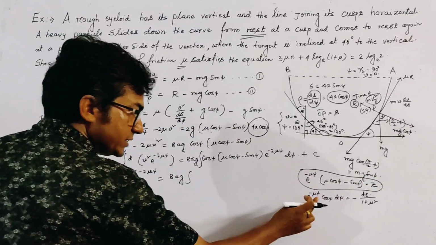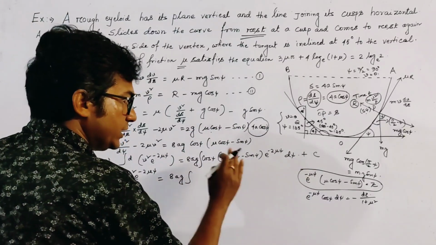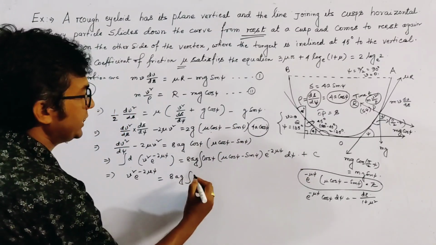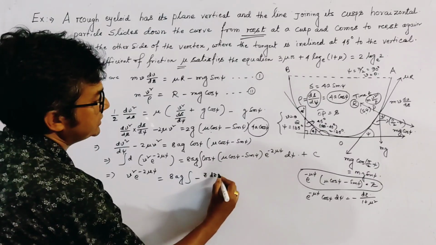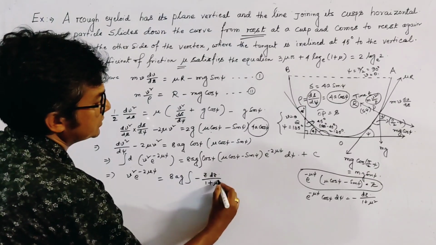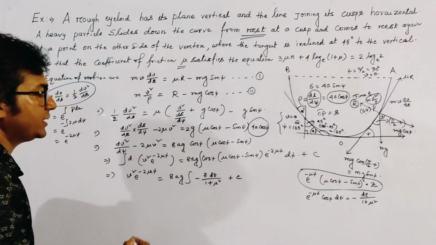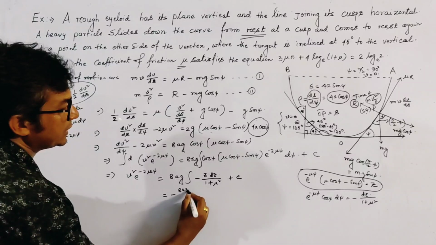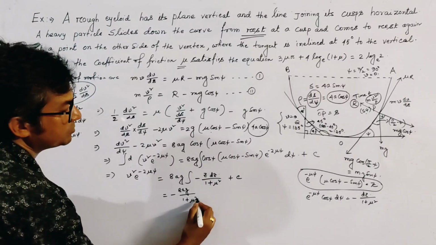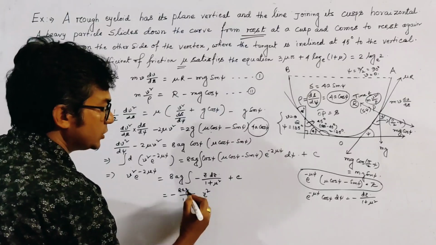We get this result by differentiating this. Now by putting the value of z, we get the result as minus z into dz by 1 plus mu square plus c, right? And this gives minus 8ag by 1 plus mu square into z square by 2.